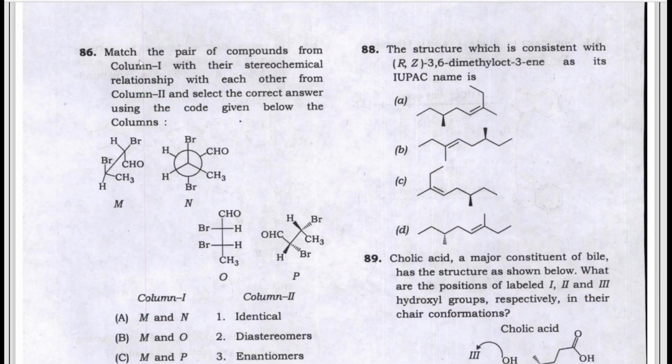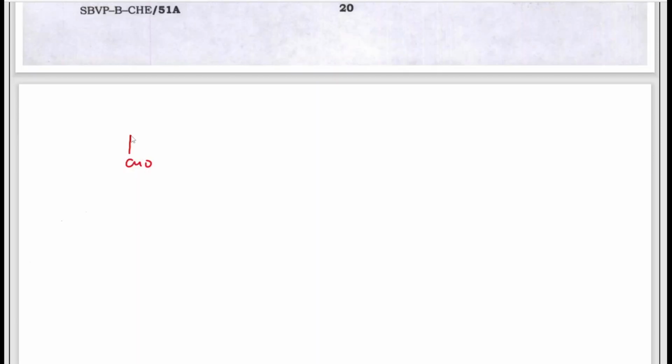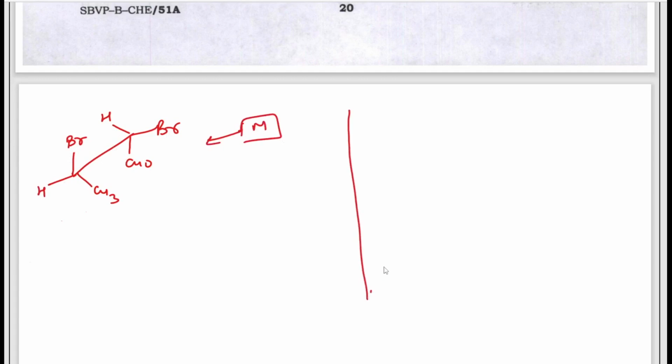In the next question, match the pair of compounds from column 1 with their stereochemical relationship with each other from column 2 and select the correct answer using the code given. This is the structure of M, and similarly the N structure is available in the form of a sawhorse.